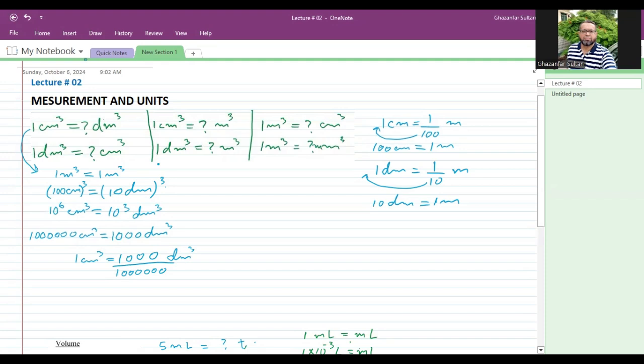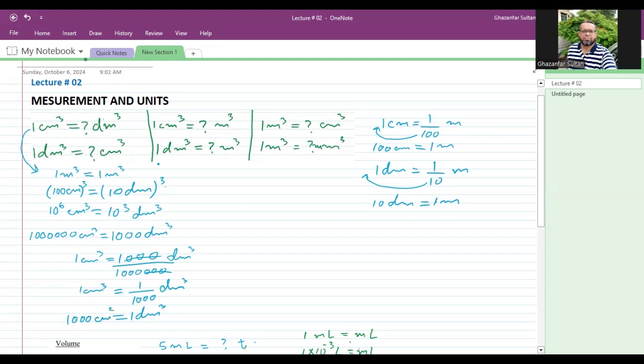Three zeros here and three zeros here cancel. So 1 centimeter cube is equal to 1 upon 1000 decimeter cube. It can also be written as 1 decimeter cube is equal to 1000 centimeter cube.